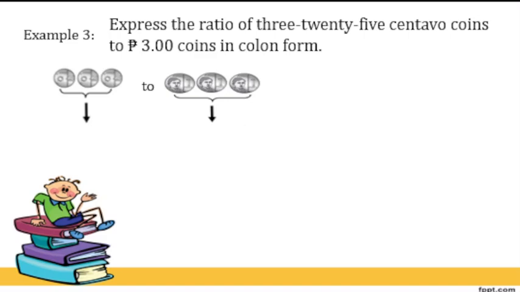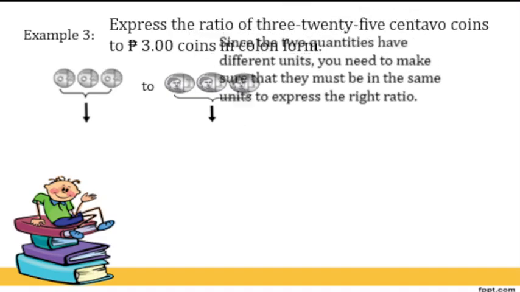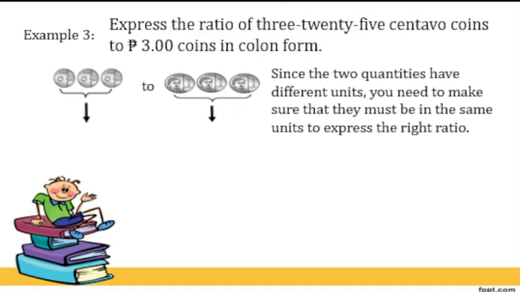Since they are in different units, though they have the same denomination, which is coin, we have to change the peso into 25 centavo. Since the two quantities have different units, you need to make sure that they are in the same units to express the right ratio.